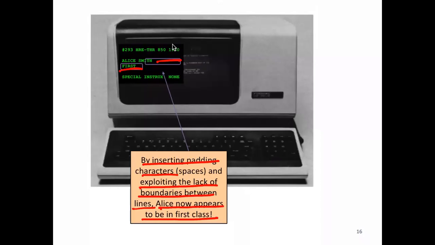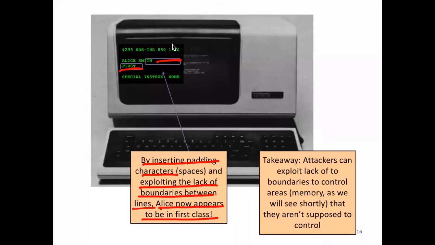It is fine, but Alice has to be smart enough to find out how many spaces to put, otherwise the word first will not appear in the right place. So the attacker can exploit the lack of boundaries to control areas in memory which they are not supposed to control.